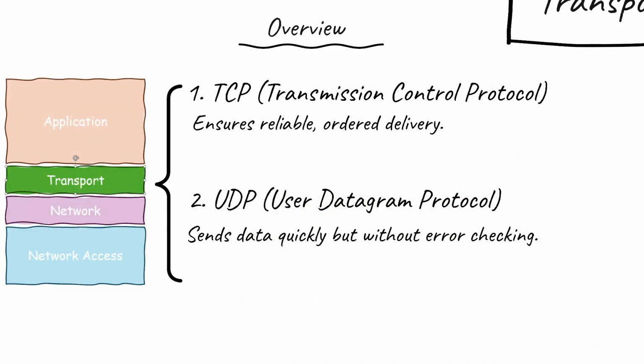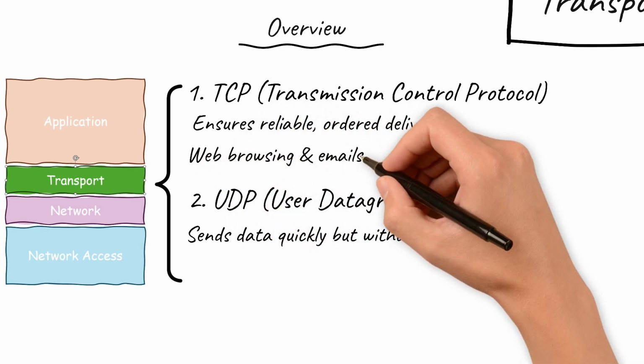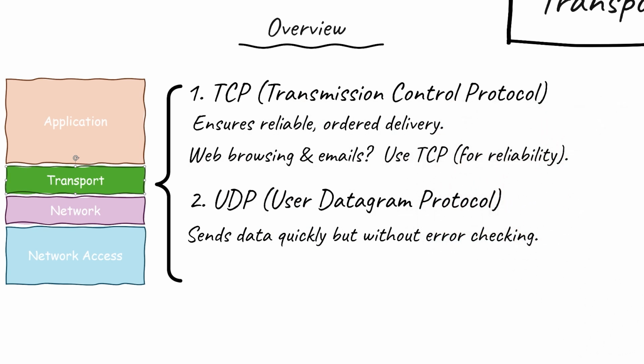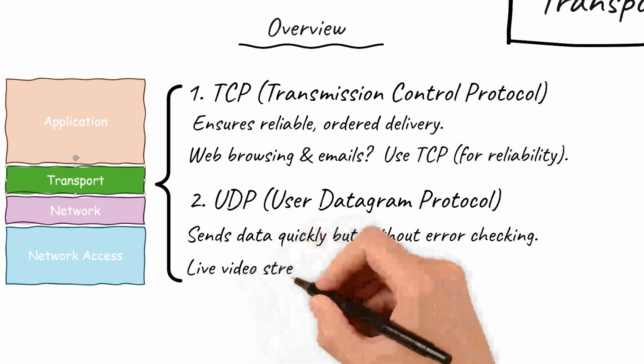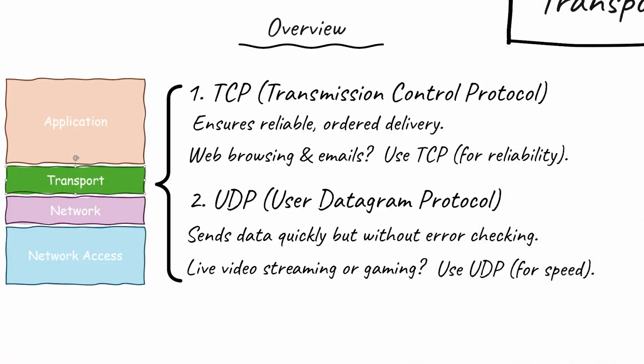Different applications use different transport protocols based on their needs. For example, web browsing and emails use TCP for reliability. Live video streaming or gaming use UDP for speed.